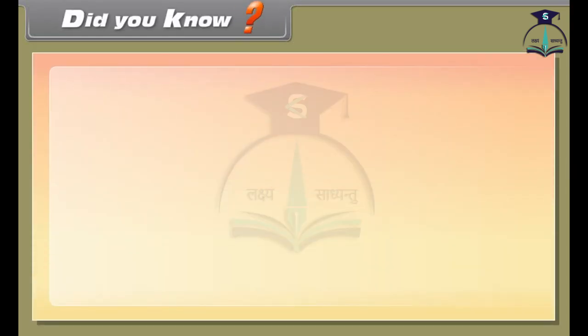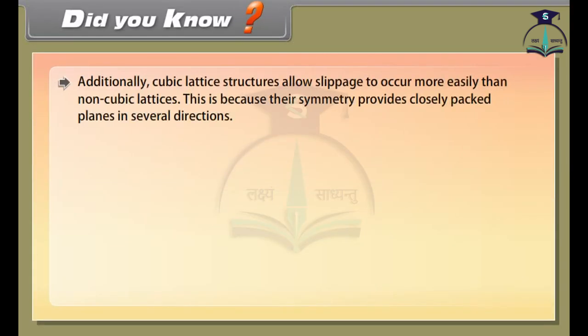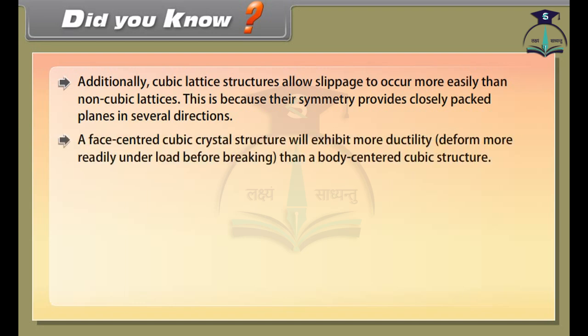Did you know? Additionally, cubic lattice structures allow slippage to occur more easily than non-cubic lattices. This is because their symmetry provides closely packed planes in several directions. A face-centered cubic crystal structure will exhibit more ductility, deforming more readily under load before breaking, than a body-centered cubic structure.